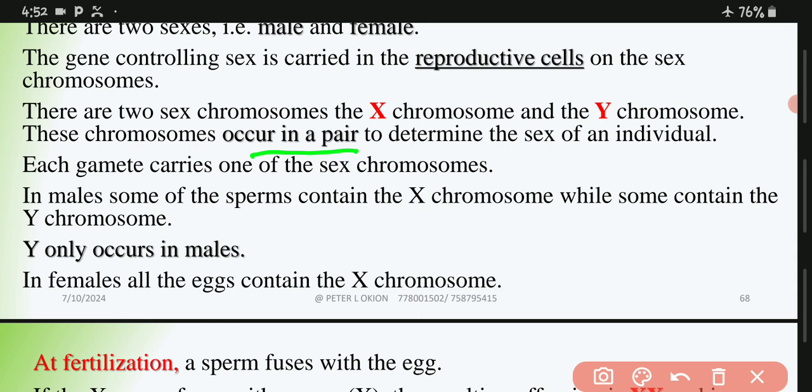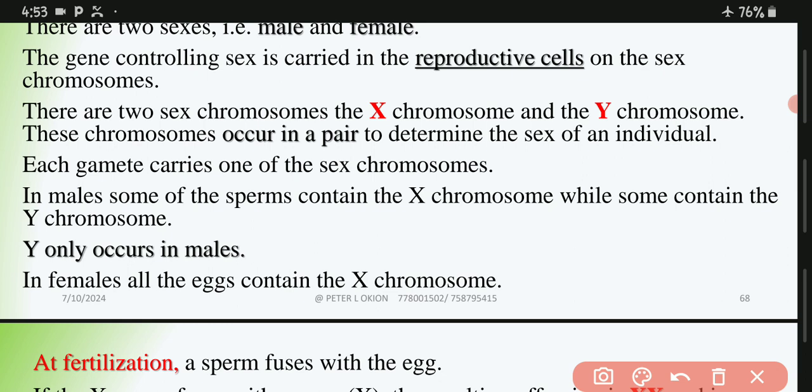For example, each gamete carries one of the sex chromosomes. In males, some of their sperms contain the X chromosome, while some contain the Y chromosome. So men are heterogametic, reason being that they contain both the X chromosome and the Y chromosome.